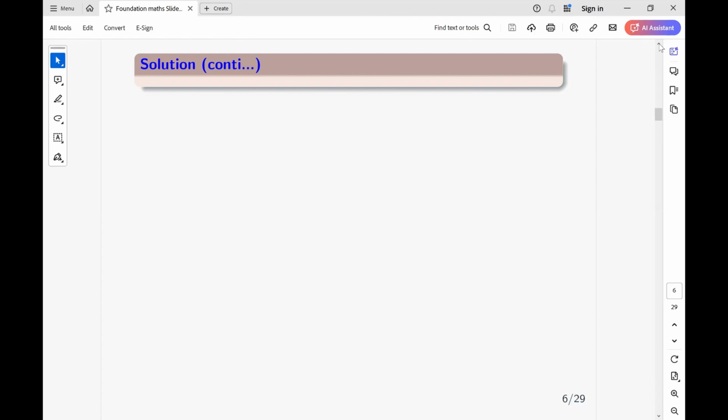5 divides 170. Okay, to show 5 divides 170 without a remainder, we can confirm it by doing the long division. Was it 170?